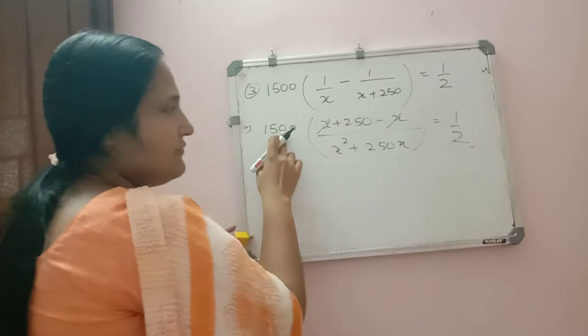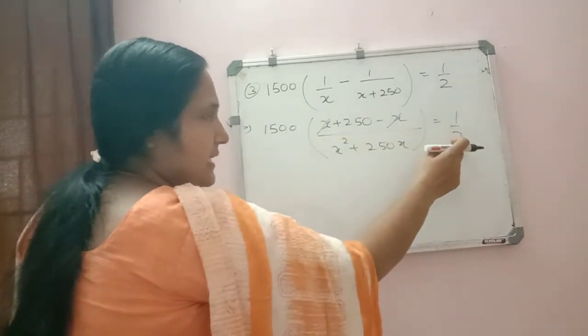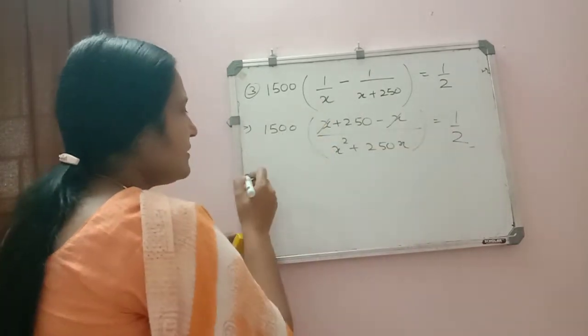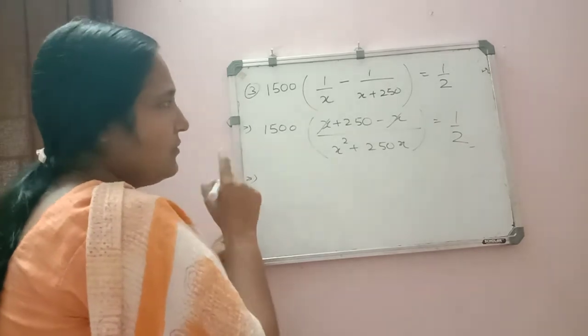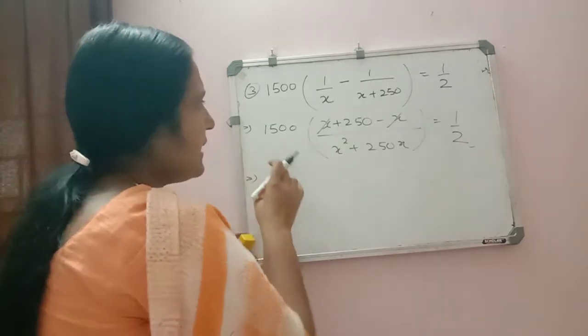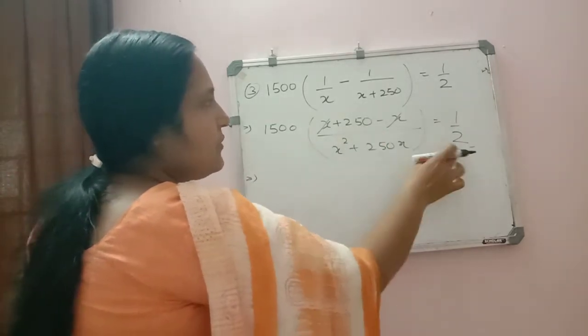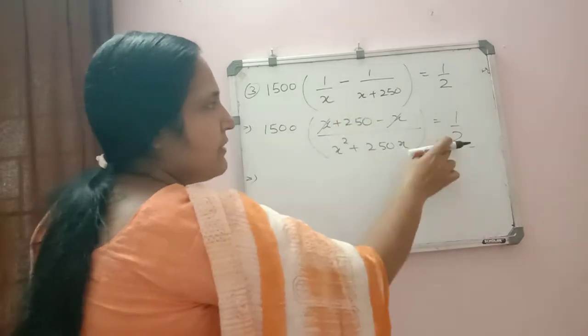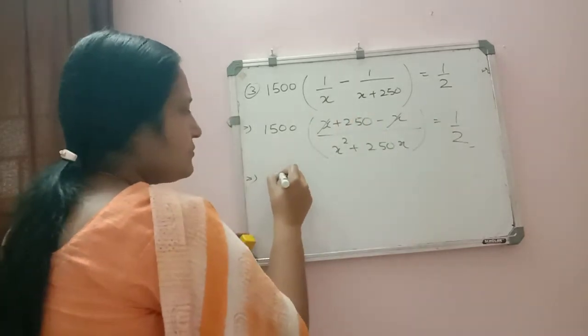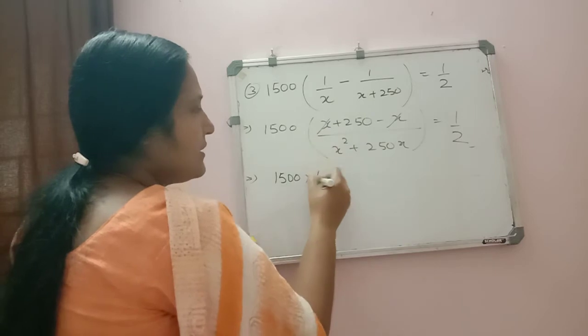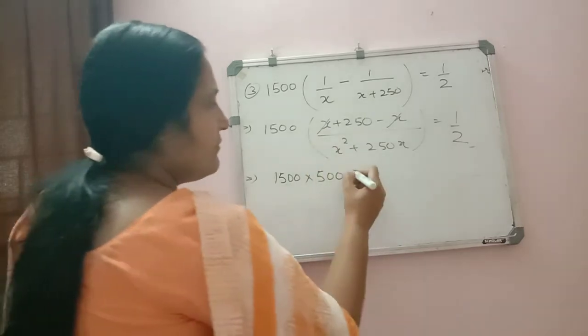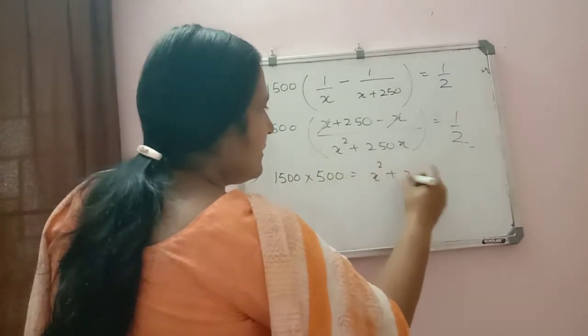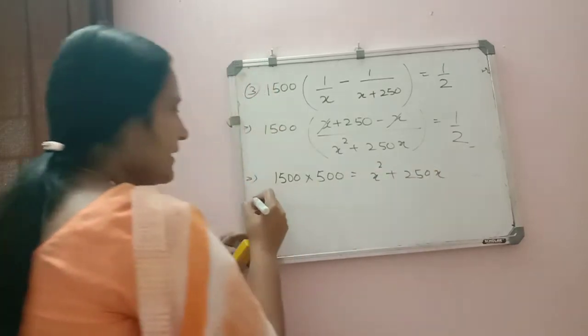The 2 we can shift to the left-hand side. It is in the denominator, so when you change the position it goes to the numerator. Which one is easy? That multiplication we can do: 250 into 2, 25 2s are 50 and one more 0. So it will be 1500 into 500 is equal to x square plus 250x.